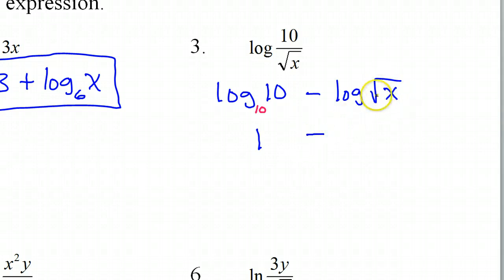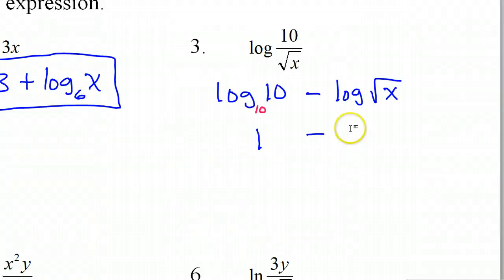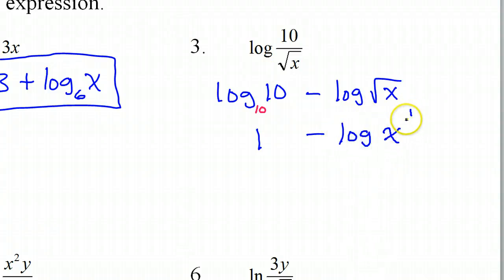Also, when you have a square root, go ahead and write that as an exponent so that we can use the exponent property to expand it further. So the square root of x is the same thing as x to the 1/2 power.